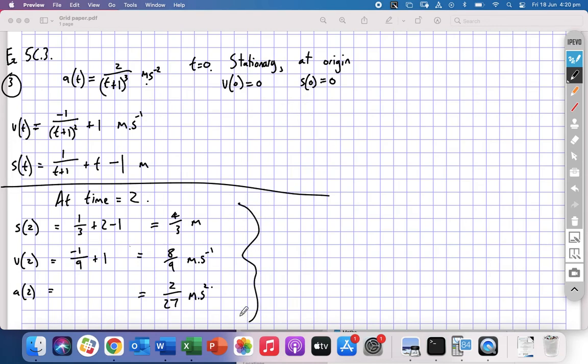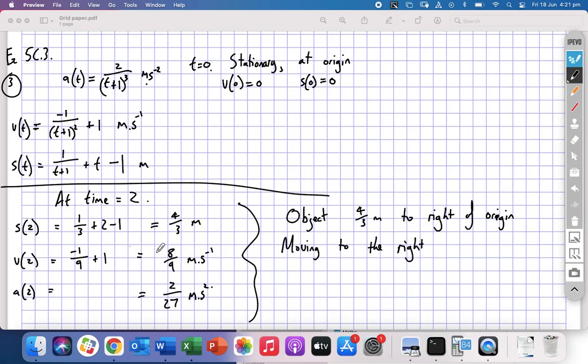Describing the motion, we'd say the object is 4 thirds meters to the right of the origin. That's coming from this. It's moving towards the right.